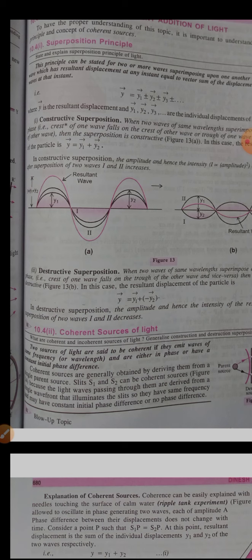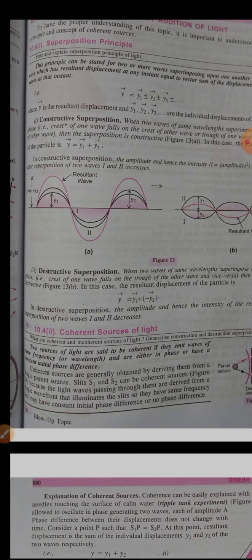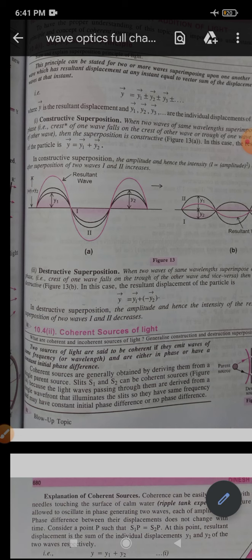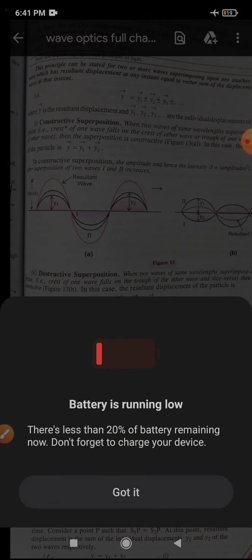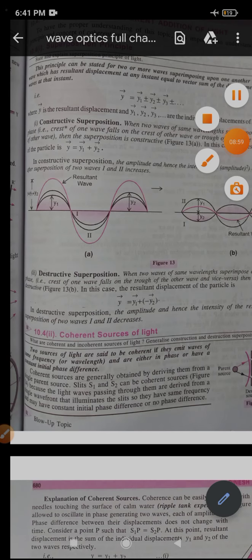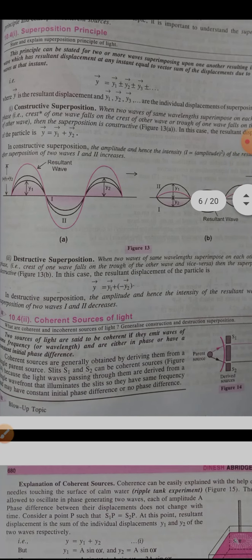Because of this, the resultant wave will be the addition of the amplitudes of the first and second waves. These black lines indicate the amplitudes of the first and second waves, and the resultant is the addition of these two, that is the red line. So in constructive superposition the resultant amplitude of the wave is increased.